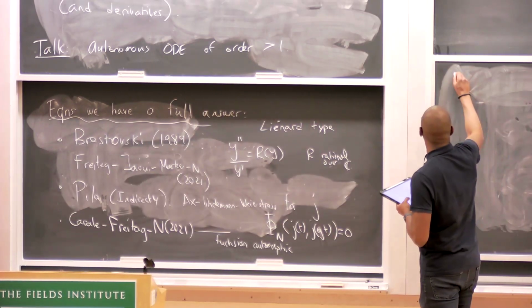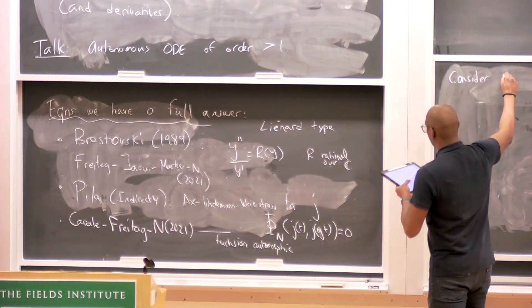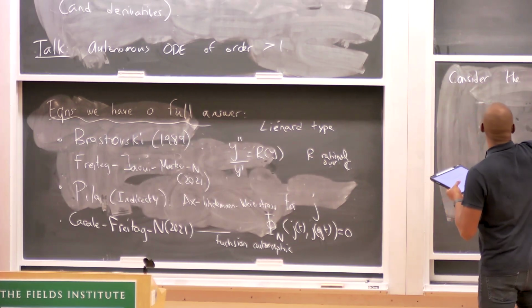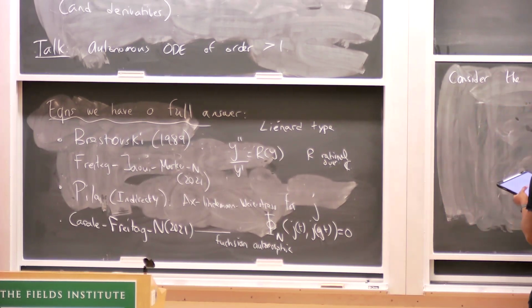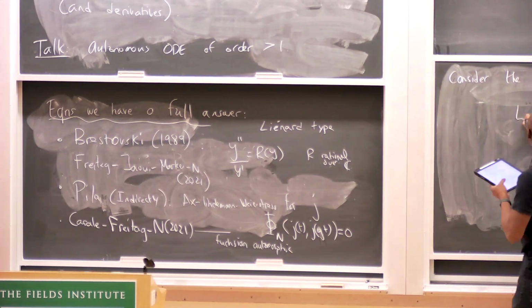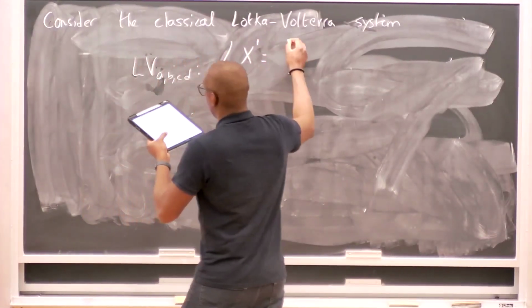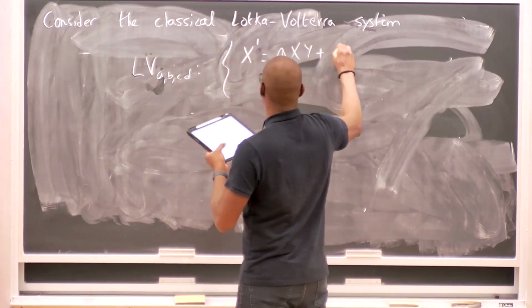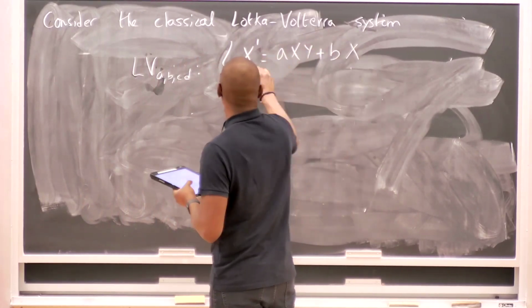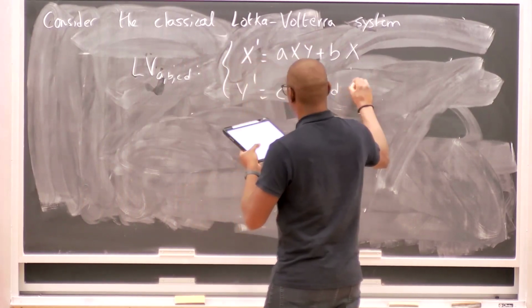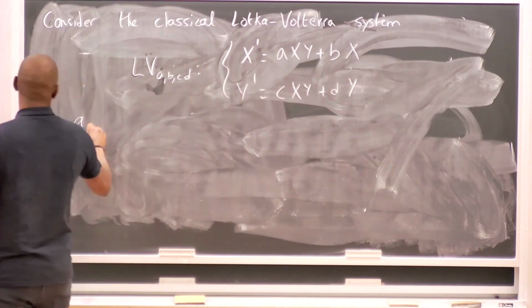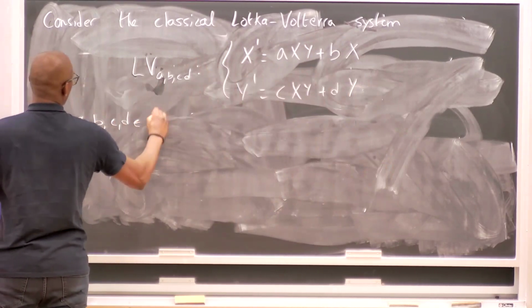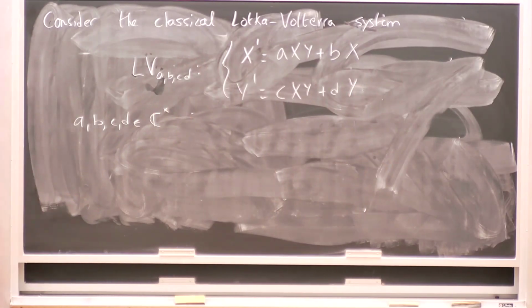I'm going to consider the Lotka-Volterra system, which I'm going to call LV(A,B,C,D), the system given by the following, where A, B, C, D are nonzero complex numbers.